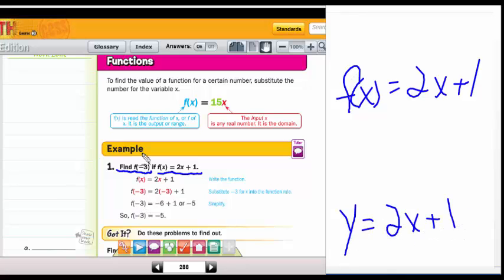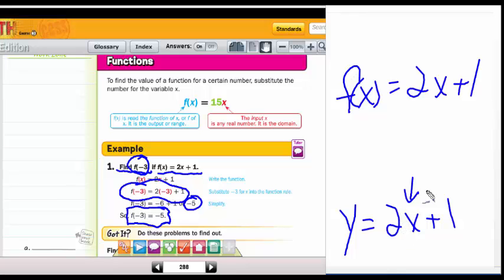And now when they say f of negative 3, what they're saying is we need to put negative 3 in for the x value, as they did right here. So we have f of negative 3 equals 2 times negative 3 plus 1. 2 times negative 3, of course, is negative 6. Add 1, and then we have negative 5.